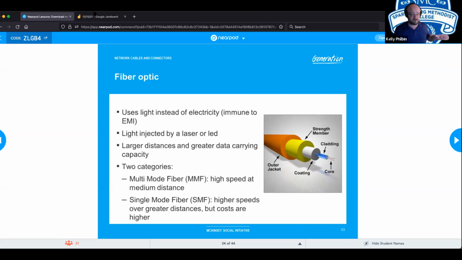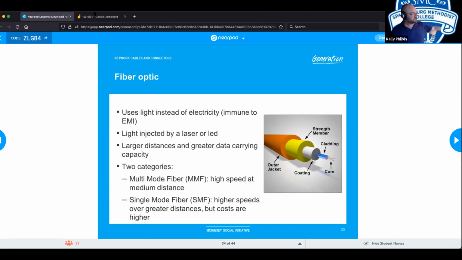But good gravy, you would not want to be anywhere near something like that. So it is highly, highly unlikely. For predominant use, it is immune to EMI. Not even MRI machines would be strong enough to interfere with light. It'd have to be much stronger than that, like creating gravity wells kind of thing.